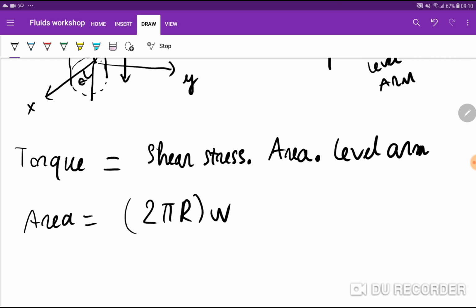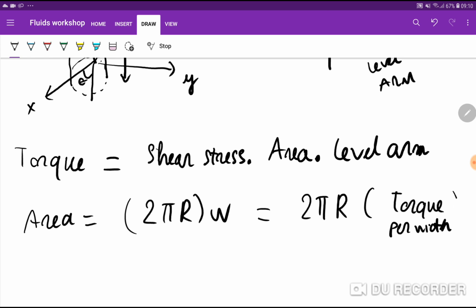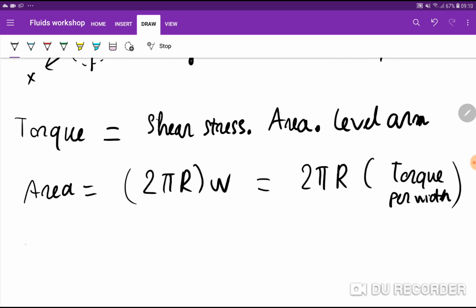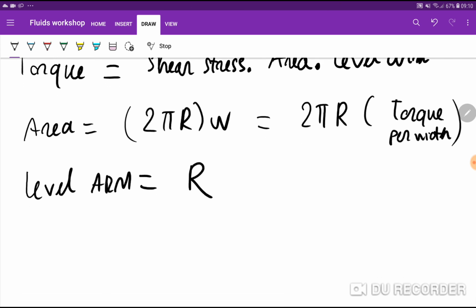However, w is equal to 1, so it's 2 pi r, because we are calculating torque per width. That's why it's just 2 pi r, it doesn't have w there. You with me? So what about the level arm? The level arm is big R. How about the shear stress?